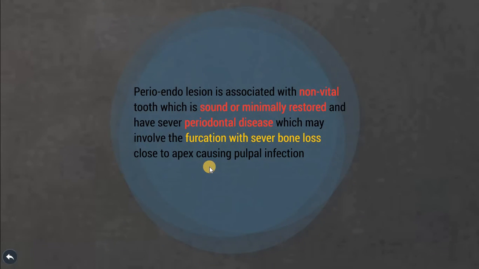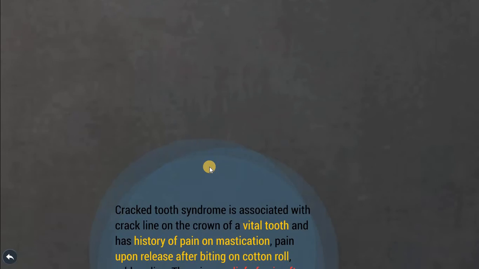In the case of a perio-endo lesion, actually this is a tricky situation we may talk about in a separate lecture, but here the teeth are mostly non-vital. The teeth are sound or minimally restored and have severe periodontal disease, or sometimes furcation involvement close to the apex, causing pulpal infection.